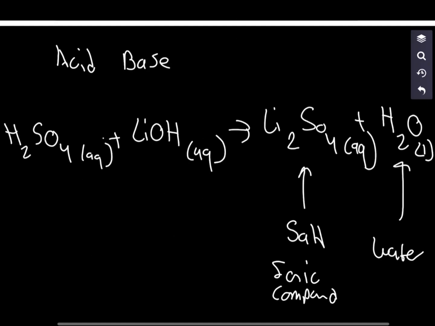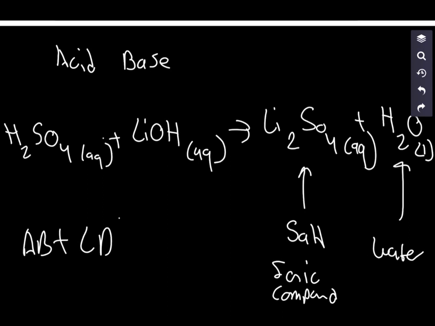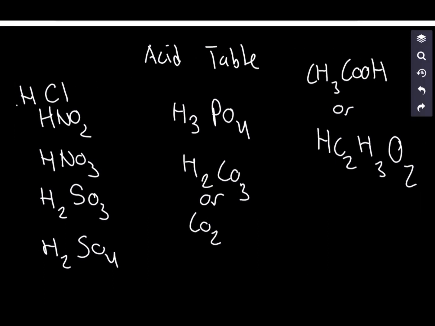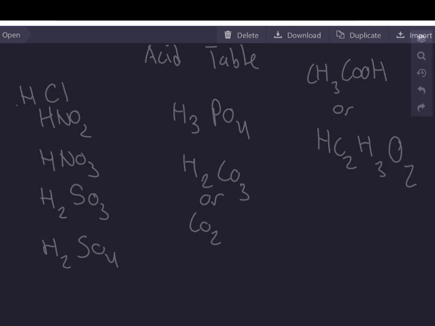Another type of double replacement reaction is called an acid-base reaction. This is when our first thing, AB, reacts with an acid. So your CD is going to be an acid. And in order to know if it's an acid, we must go to the acid table. Of all these acids, if your second part fits in with one of these acids, it's going to be an acid-base reaction.